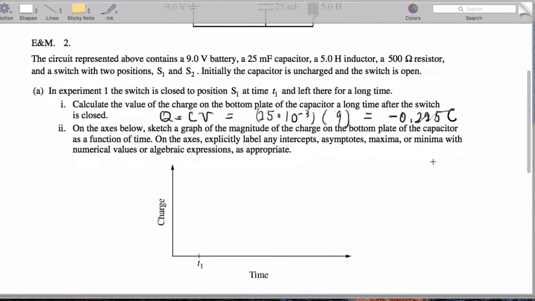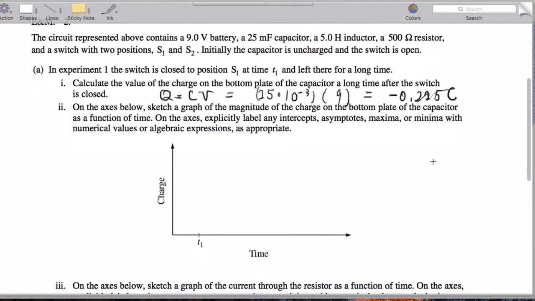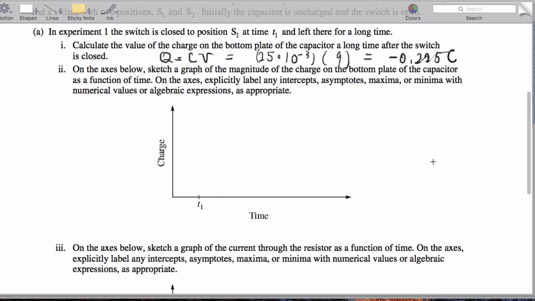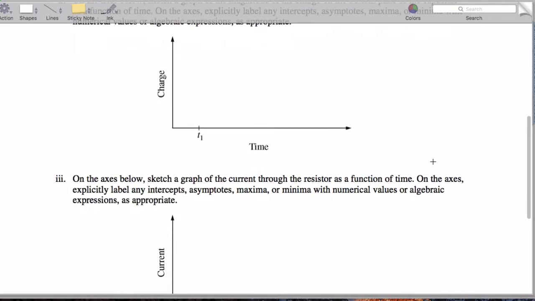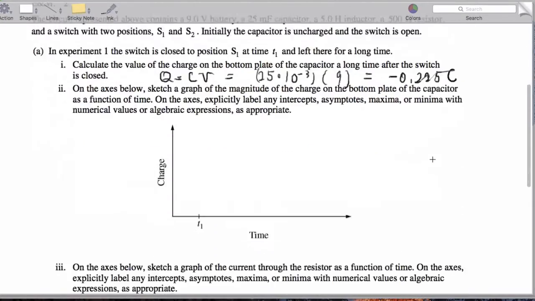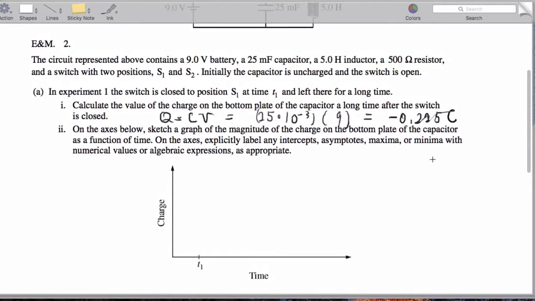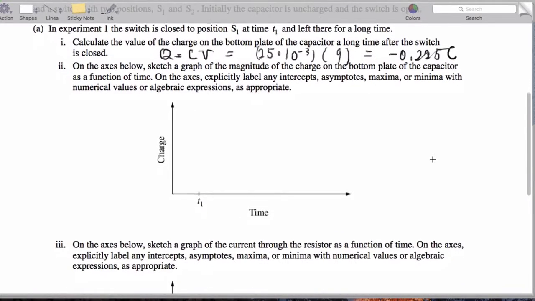And then it says, let's sketch a graph of the magnitude of the charge on the bottom plate as a function of time, and we'll label intercepts, asymptotes, maxima, and minima as appropriate. And we will go ahead and do that.